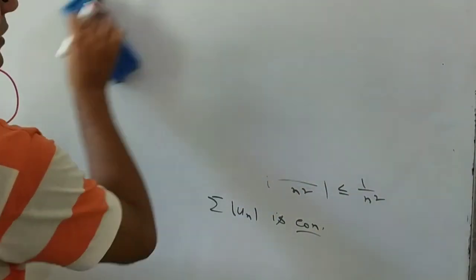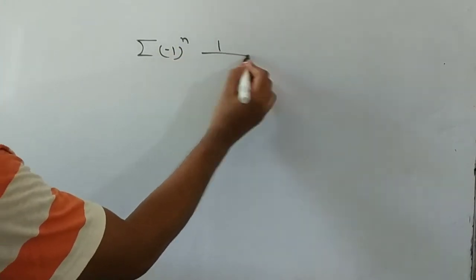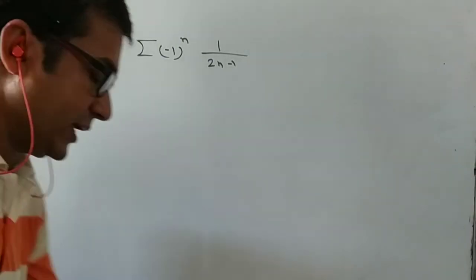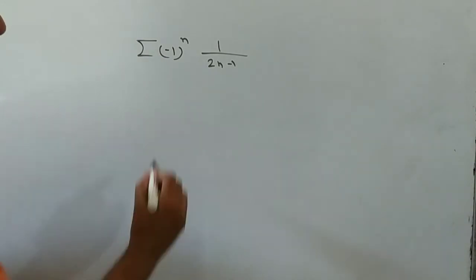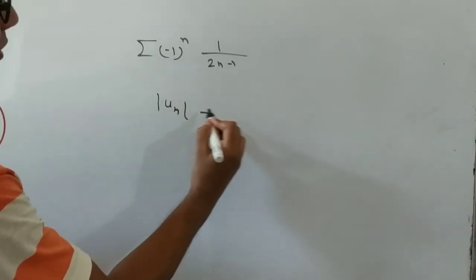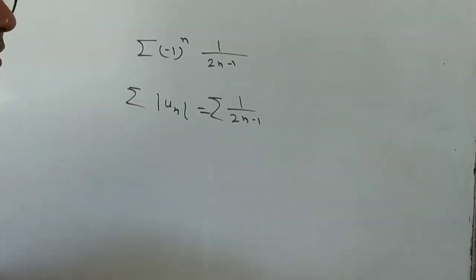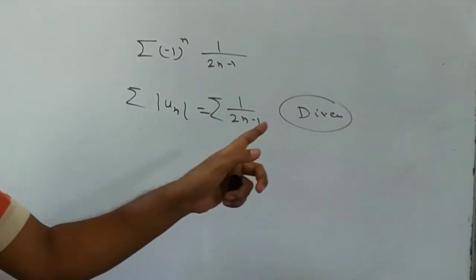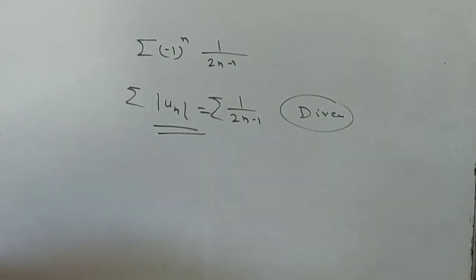If we consider summation of minus 1 to the power n into 1 by 2n minus 1, and if we test absolute convergence of this series, then we get mod un equals 1 by 2n minus 1, and summation mod un is equal to this, and this is obviously a divergent series. We get this by Cauchy's general principle of convergence. So this is not absolutely convergent.